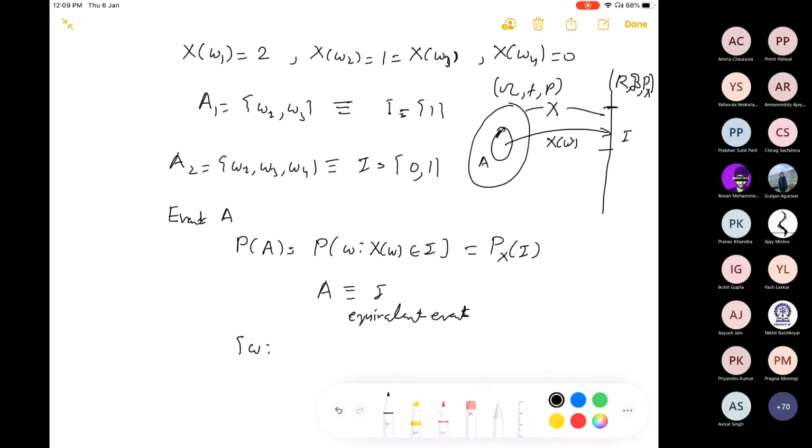It is reasonable to insist that each interval on R be assigned a probability consistent with the assignment P to the event omega.